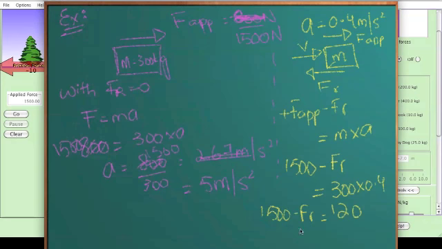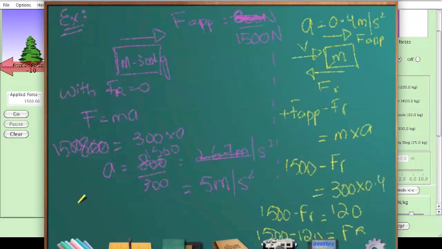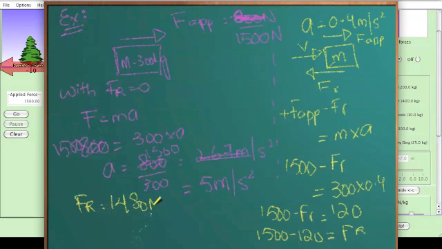So 1500 minus 120 equals Fr, and Fr becomes 1480 newtons. It was a huge frictional force, 1480 newtons.